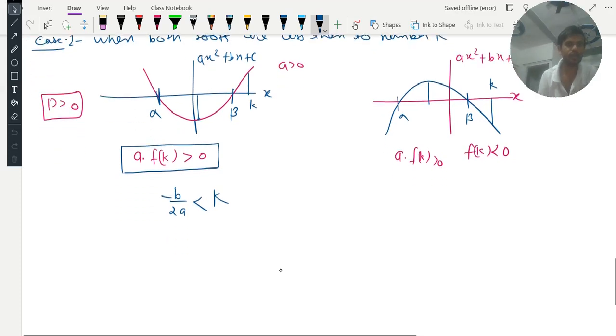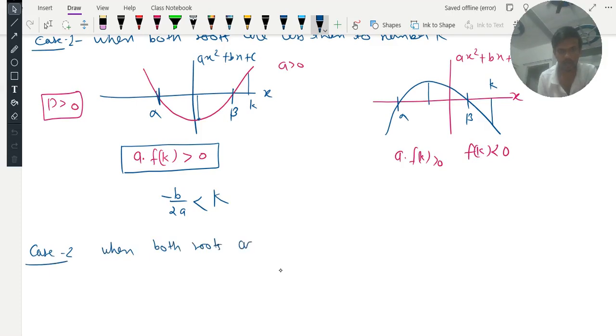Similarly for case 2, when both roots are greater than a given number.